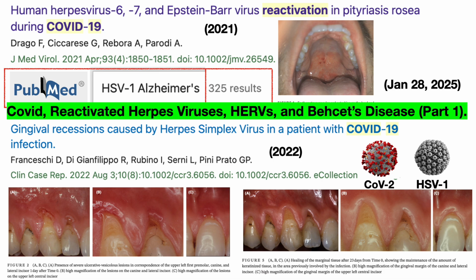Now, in the bottom part of this slide, I'd like to discuss certain types of lesions in the oral cavity, gingival, which refers to the gums, gingival recessions. And this is where the gums are receding from the teeth, and these recessions are caused by herpes simplex virus in a patient with COVID-19 infection.